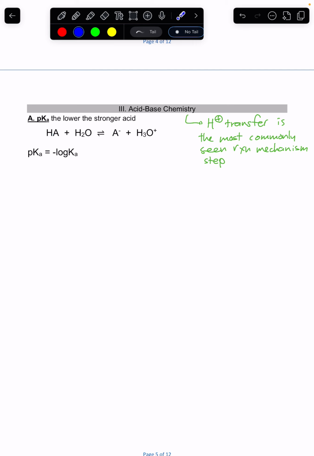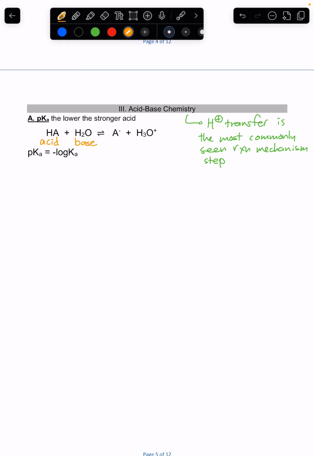So this would be the acid. How do I know? Because it's losing a proton in the course of this reaction. And I want you to see that in this case, water here is picking up a proton. For that reason, this is acting as a base. So let's just designate that real quick. This is our acid.